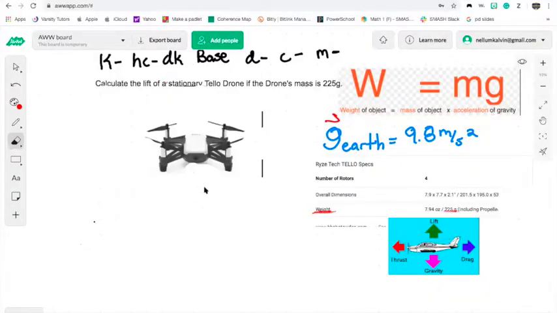It says calculate the lift of a stationary TELLO drone if the drone's mass is 225 grams. When we look at this aircraft, we want to know the forces on the aircraft, like the four forces of flight: gravity or weight, and lift.